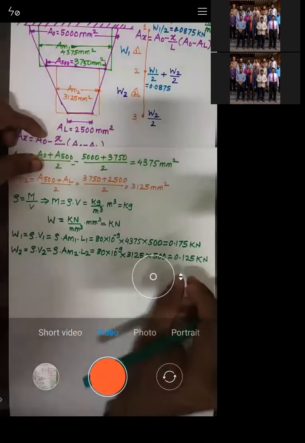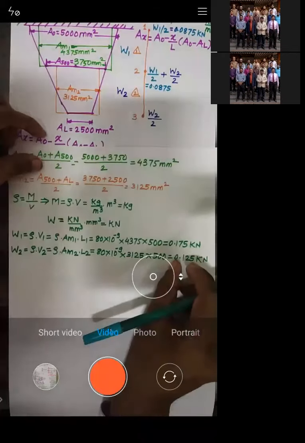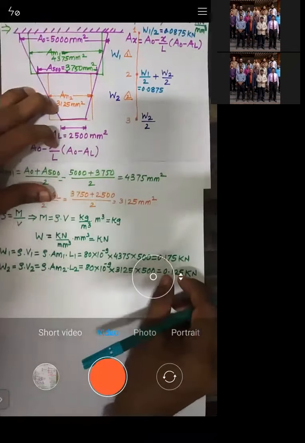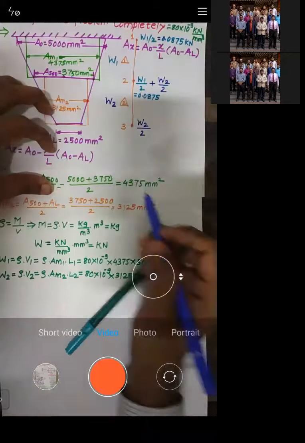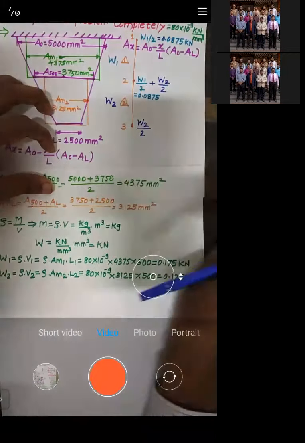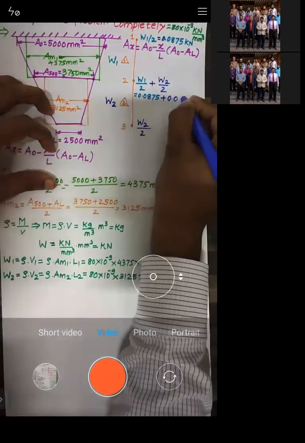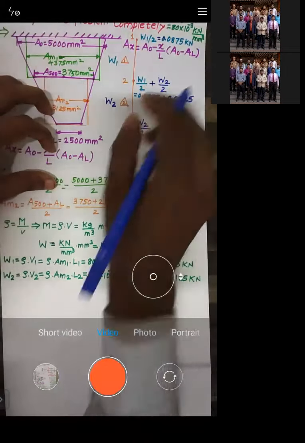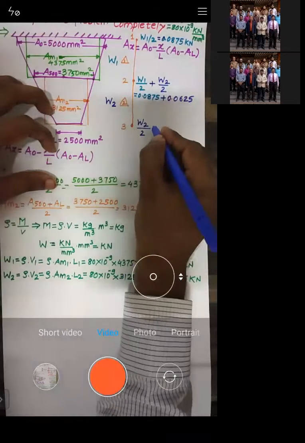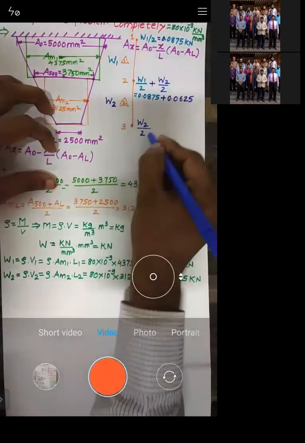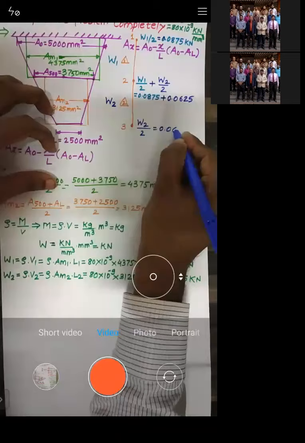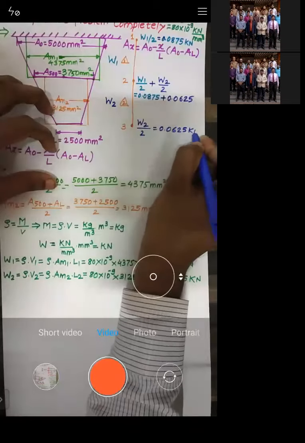So what will happen? Half of 0.125, that is 0.0625 will go here, and 0.0625 will come here, right?